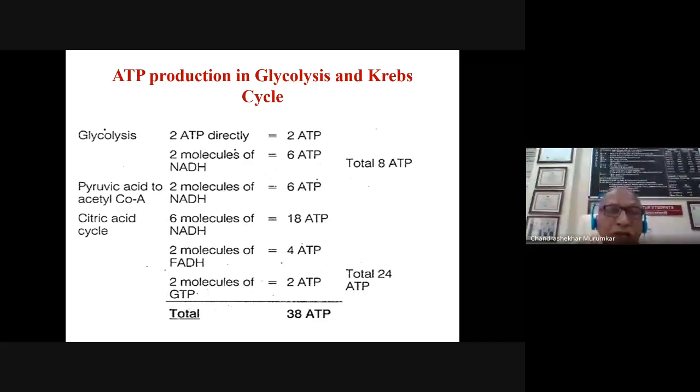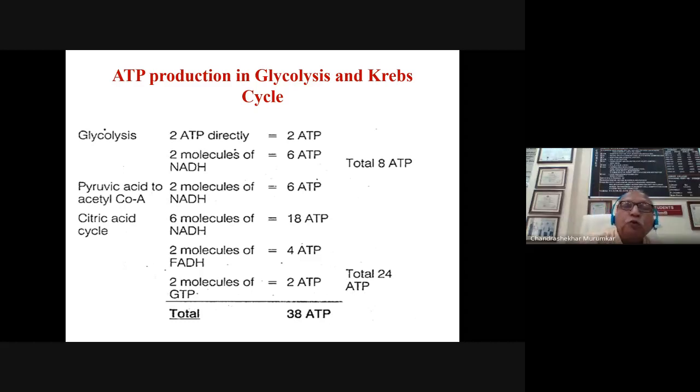Then there is one oxidation reaction, 3-PGAL to phosphoglycerate, where NADH2 is synthesized. And now we have seen in the electron transport system that this NADH2 is going to generate 3 molecules of ATP. As this reaction is taking place twice, we are going to get 6 molecules of ATP.